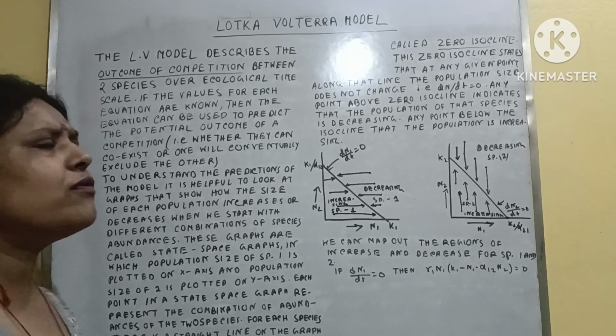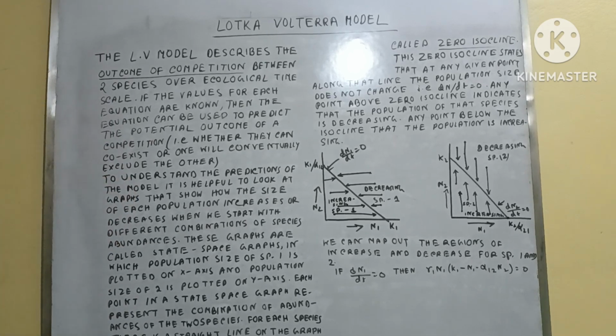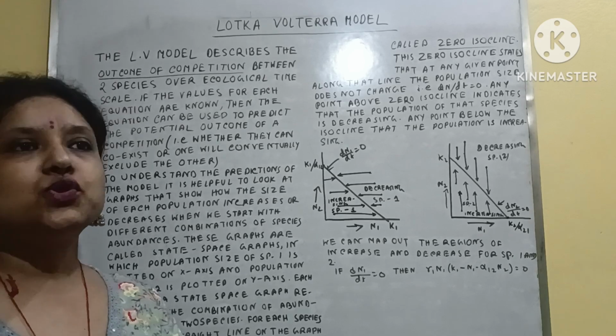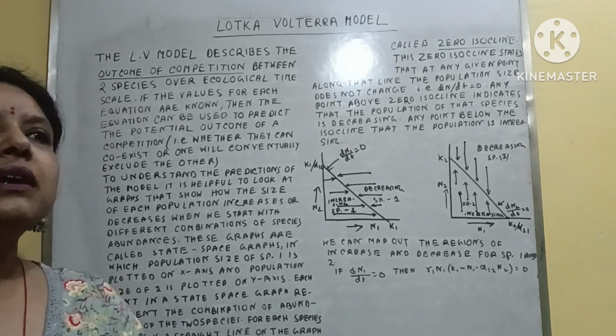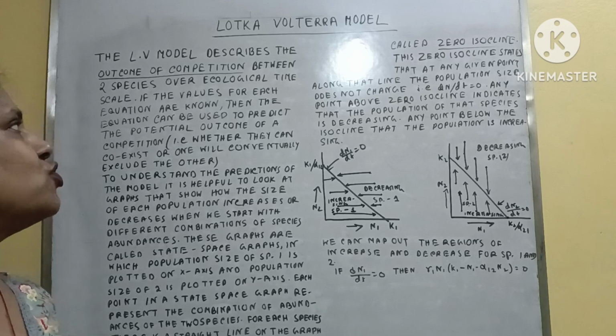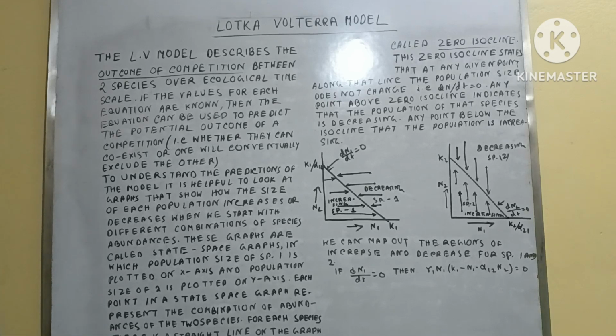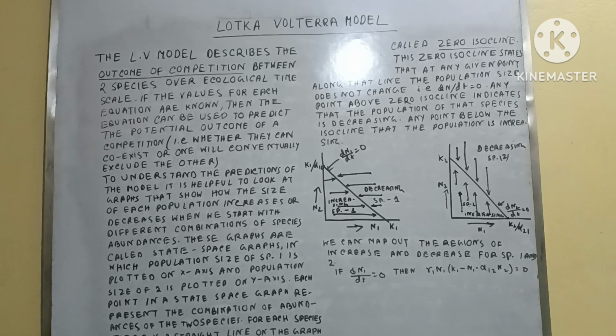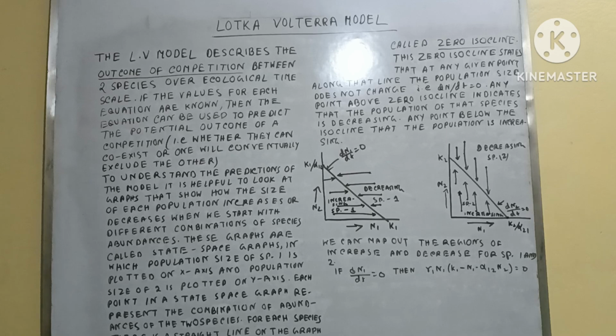That means if there are two species, 1 and 2, which one is affected by which species. At last we will predict which species is hampered by which one. If the values for each equation are known, then we can calculate or predict the potential outcome of a competition.